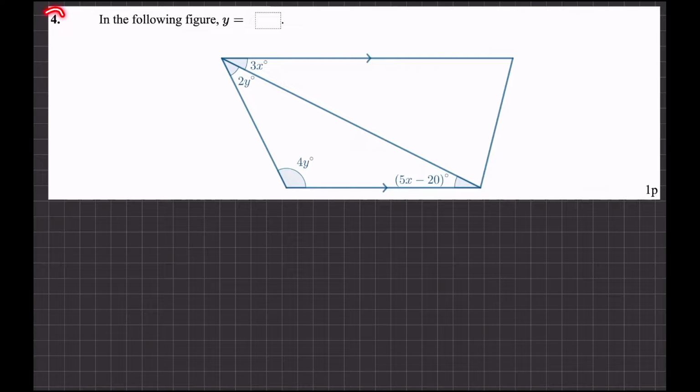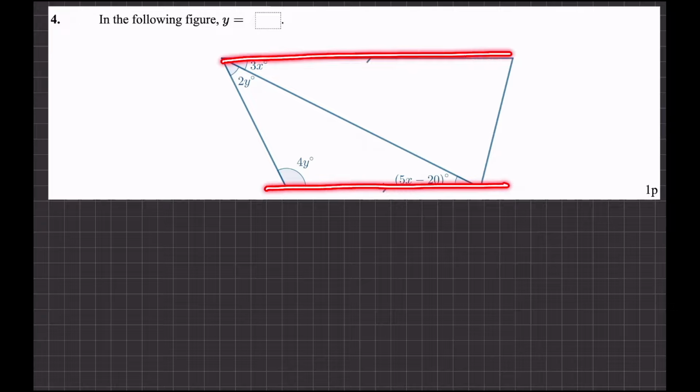Okay, question number 4. In the following figure, we want to find the value of y. Okay, so again, by putting this arrow here and there, they are telling us that these two lines are parallel. And now you see that this line plays the role of the transversal.